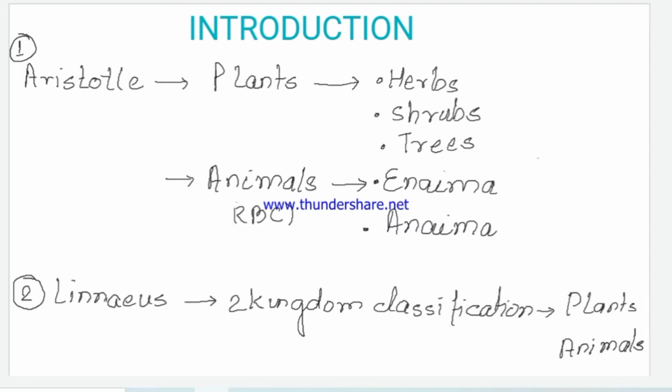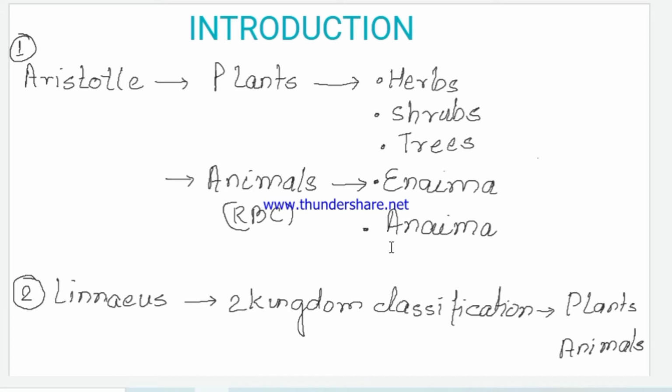On the basis of the presence of red blood cells in their blood, the animals were classified into Anaima, having red blood cells, and Enaima, without red blood cells. The first scientific classification was attempted by Carolus Linnaeus.